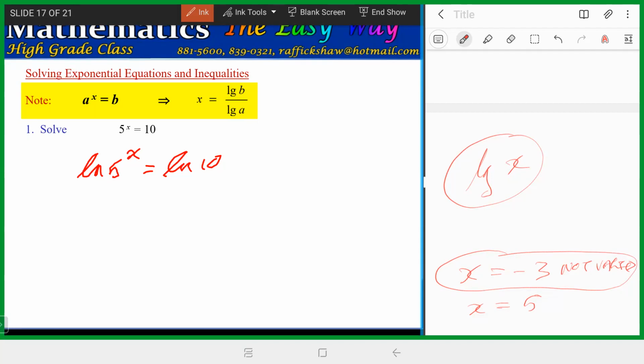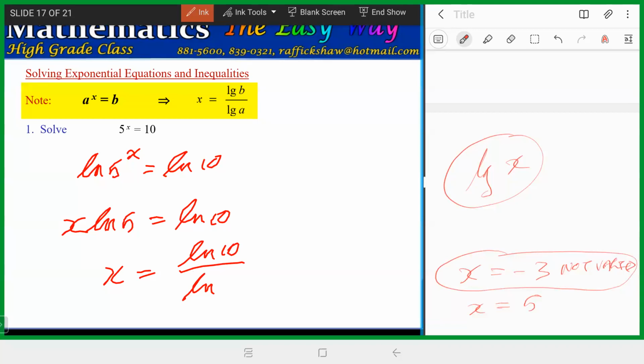Then the x comes to the front. So I get x ln 5 equals ln 10. Then I'm dividing by ln 5. So the x will be equal to ln 10 over ln 5. That's pure maths working.